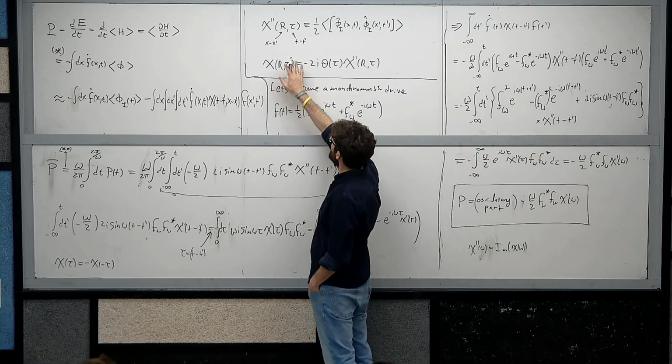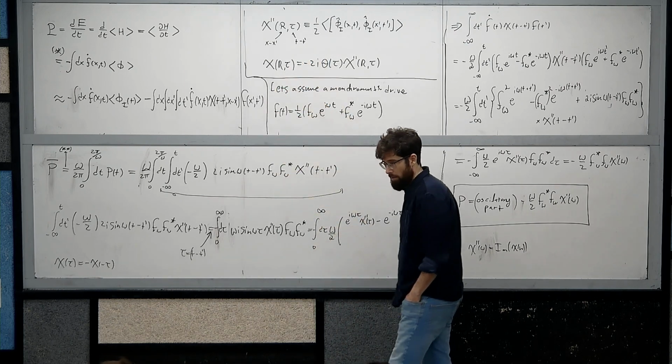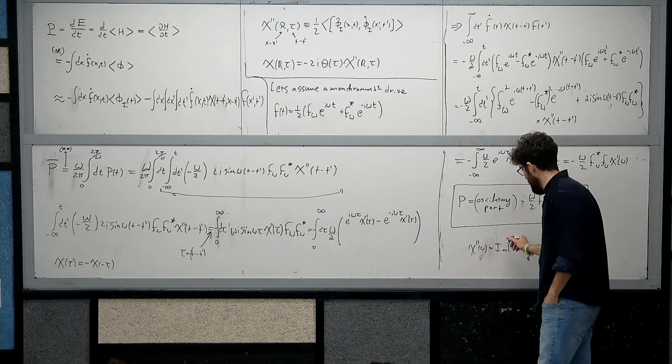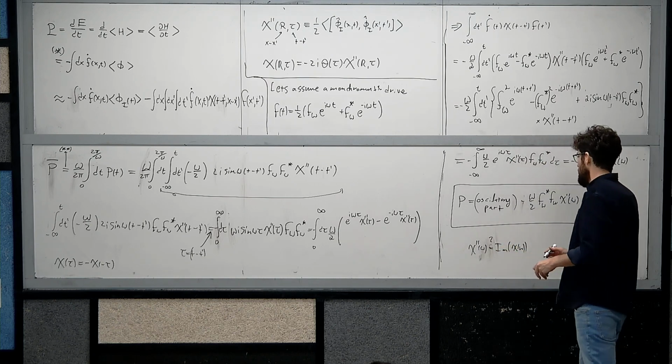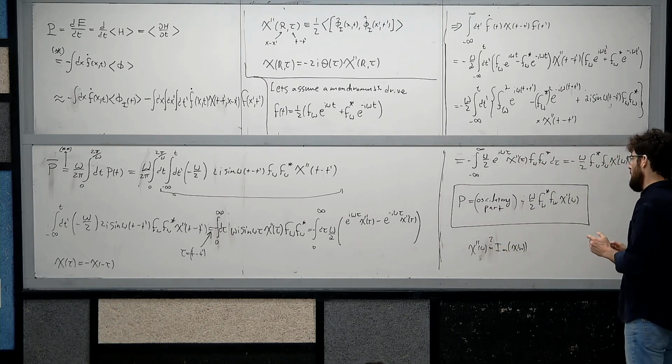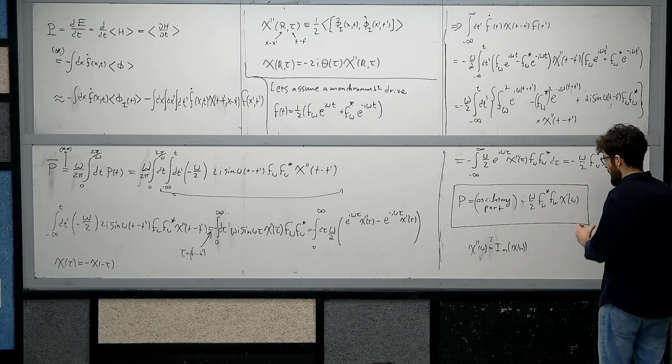So in real space and time they have this relation, but in Fourier space they have this relation. I didn't show this yet, but this is a very important relationship between the imaginary part of the Fourier transform of the response function and dissipation. Okay, that's the first connection that we make.